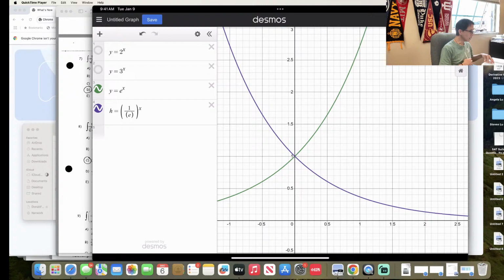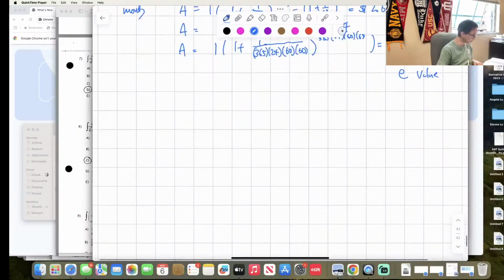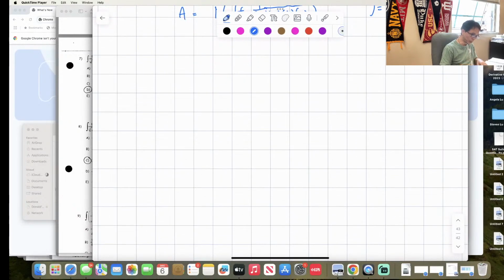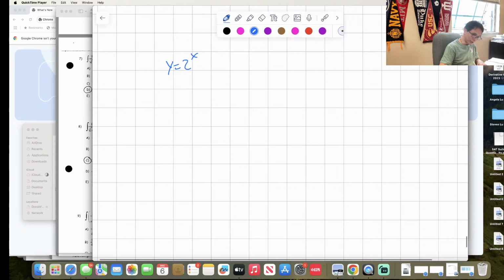Okay. So now let me show you this. Now we're going to go back to talk about the question that Winston asked me. So y equal to 2 to the x. This graph is going to give you a very easy t-chart.